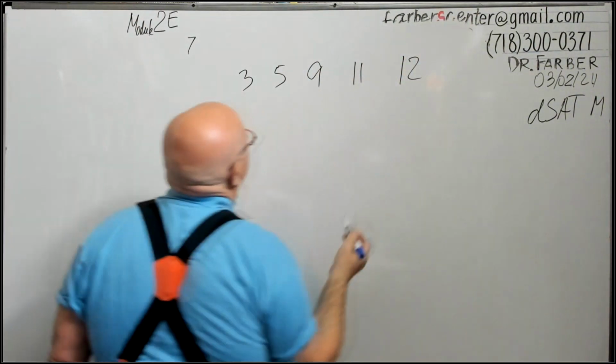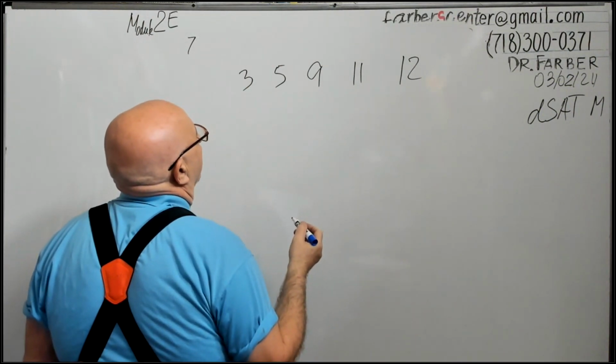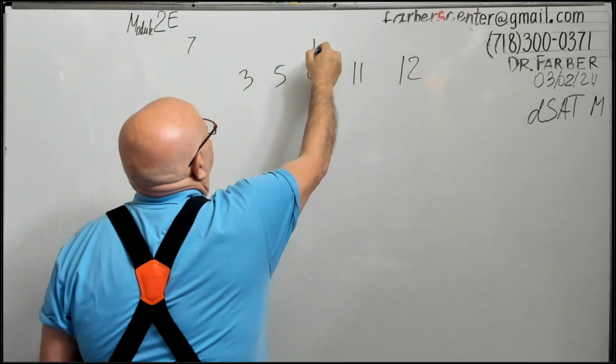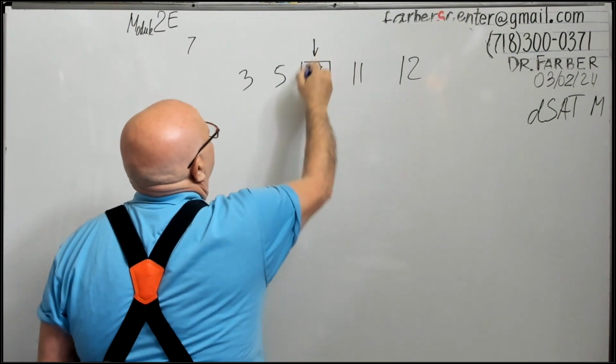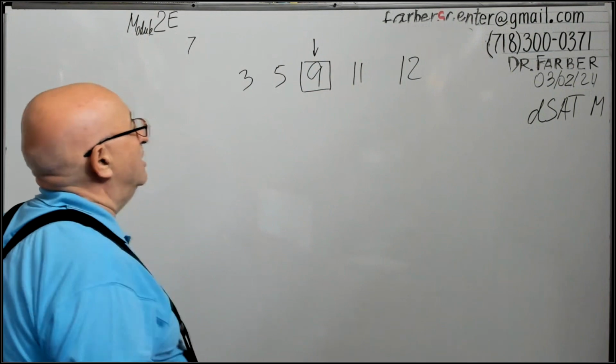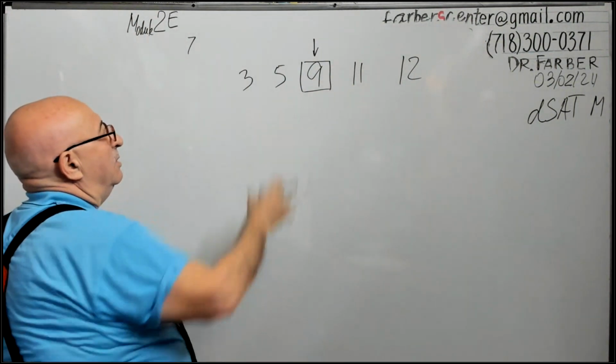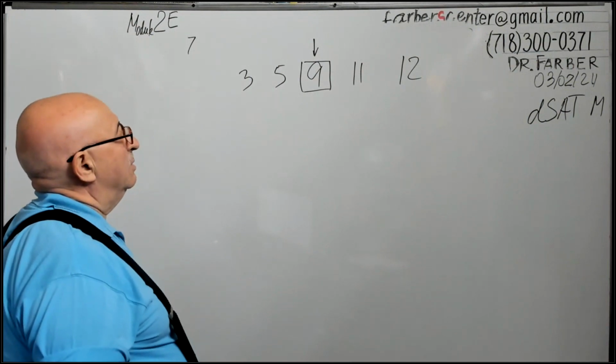Pretend this is just a model. And this middle number is the median if you have an odd number of numbers, right? Median is the middle. If you have an even number of numbers, you take the 2 in the middle and find the mean, the average.